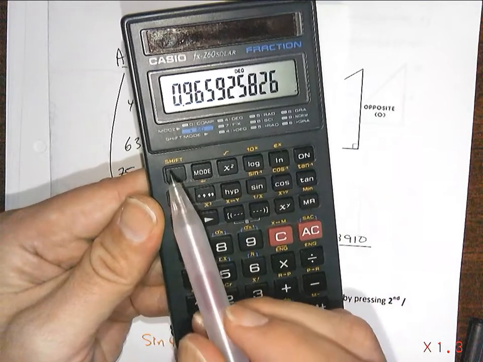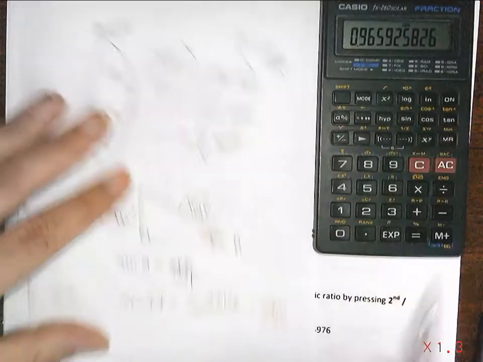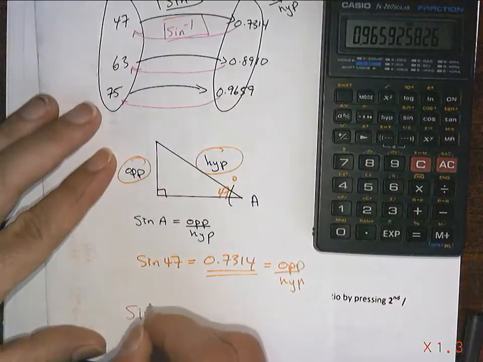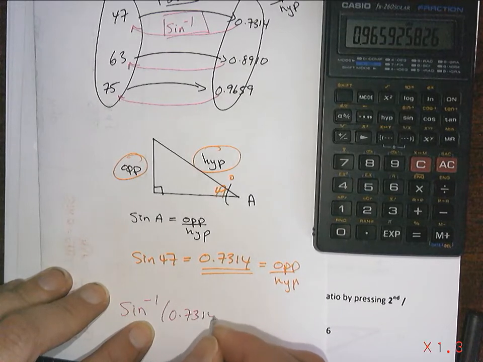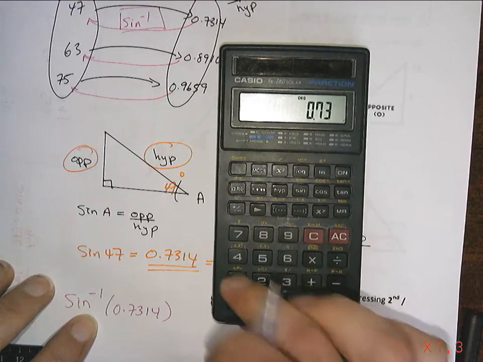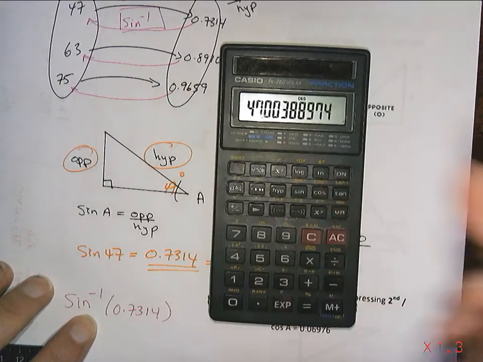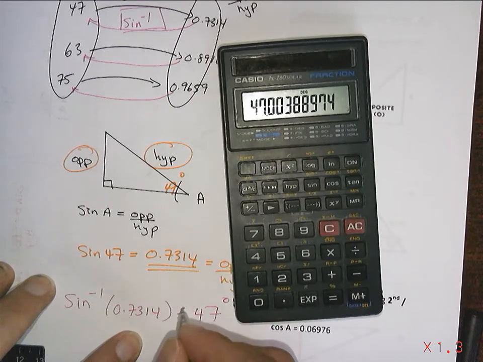You may have to hit second function sine. But in any case, when you do the second function of 0.7314, it's going to take you back to the angle that made it, which was approximately 47 degrees.